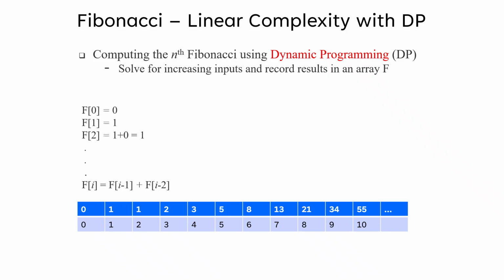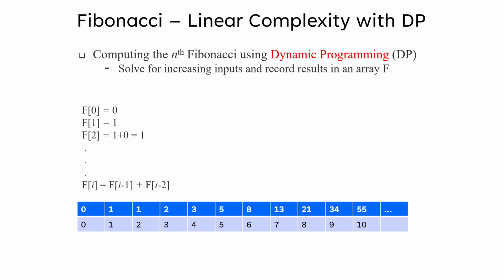We're going to use it by solving for increasing inputs. That's what dynamic programming does. And we're going to store our results in an array or a list. So we're going to start with our base cases. We know the first number in the Fibonacci sequence is 0, and the second number is 1. So we would initialize an array with the first value being 0, and the next value being 1.